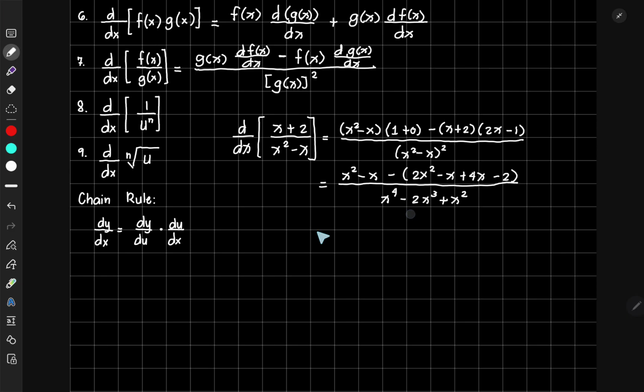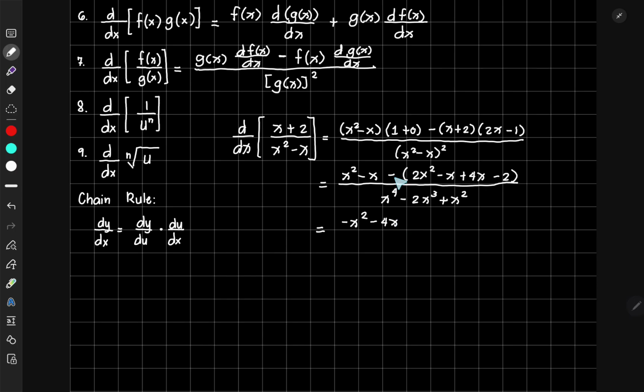So simplifying the numerator, so we have x minus 2x, so we will have negative x squared. So negative x minus x plus negative x minus negative x, that is 0. Then we also have minus 4x, so we have negative 4x siya.